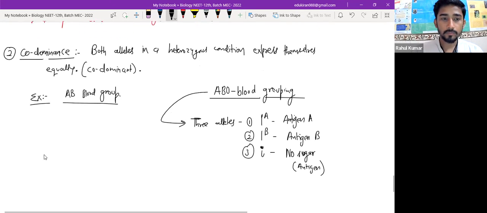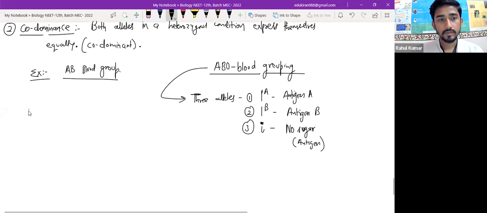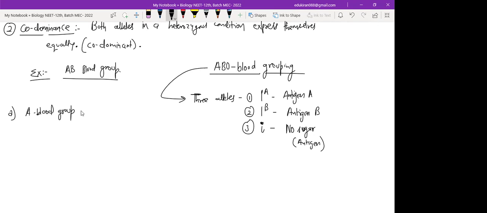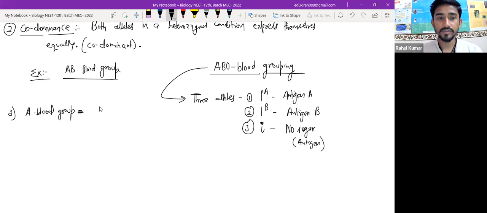So for blood group in humans, how many different types of blood groups can there be? Four, right? For blood group A, there are two possibilities. One is IA IA, right?